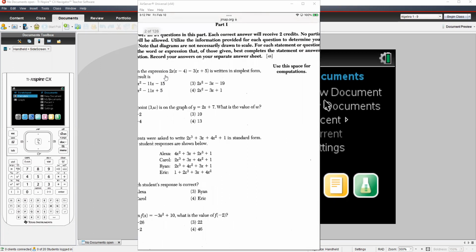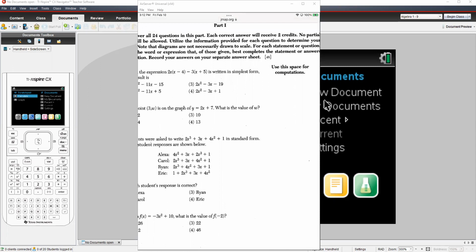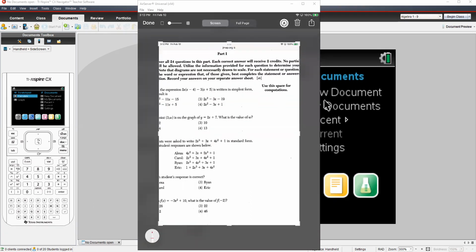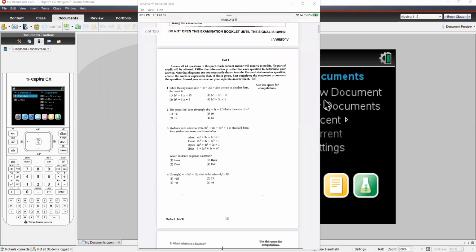So basically all you're going to do here is distribute and then combine like terms. That's all this is. I'm going to take a picture so I can write on it and show you exactly what I'm doing.